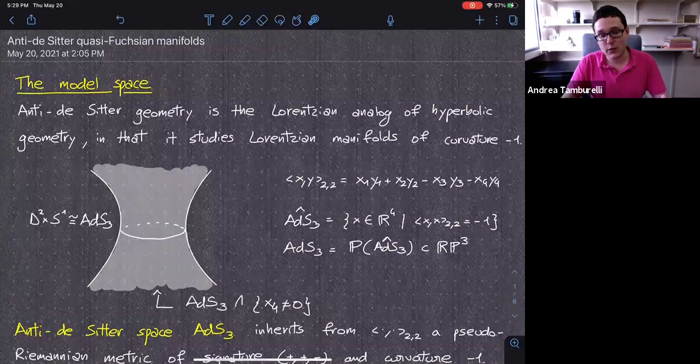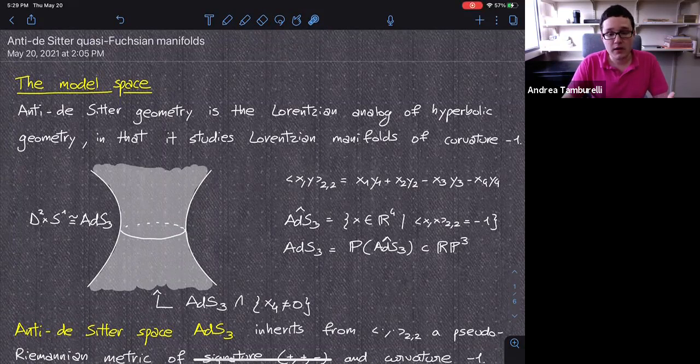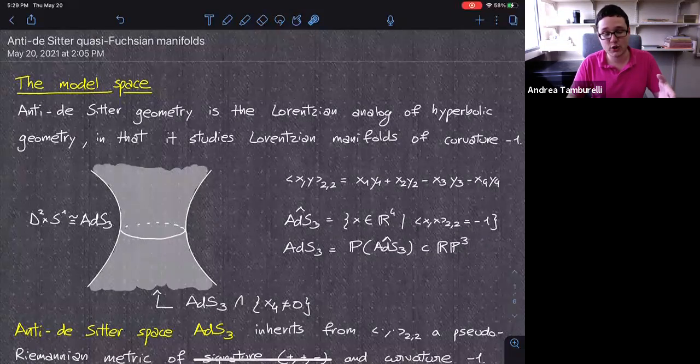And so AdS3 is a Lorentzian manifold. And if we want to visualize it, then it's convenient to projectivize it so that it will live inside RP3, and then we can intersect it with an affine chart. And so we see that anti-de Sitter space actually is the interior of this quadric, which is the quadric of equation x squared plus y squared minus z squared equals -1.